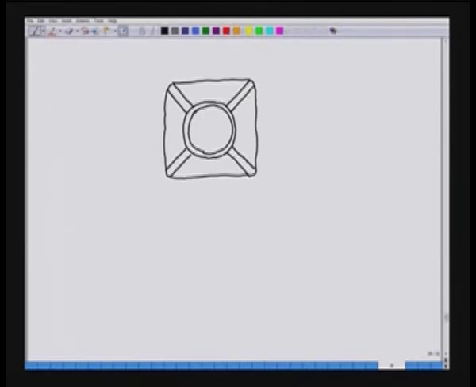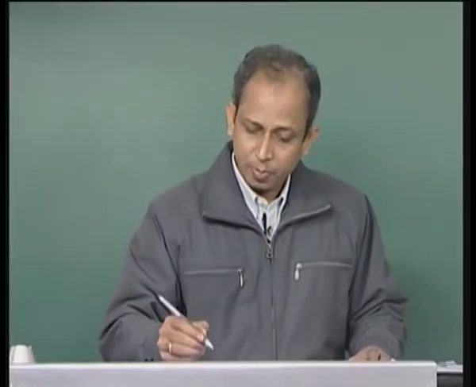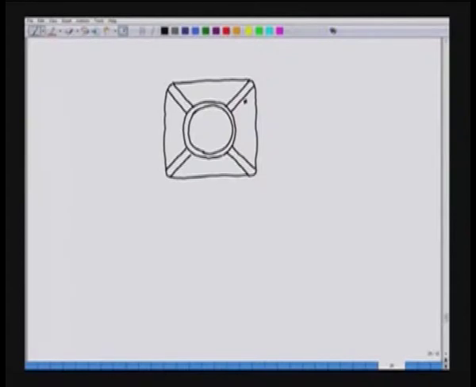So, we can have these four magnets here, and the polarities of the magnet can be suitably arranged. For example, this could be a north pole, this could be a south pole. So, this is a magnet. Similarly, this is a magnet, and we can have a north pole here and a south pole here. Again, we have a magnet here.